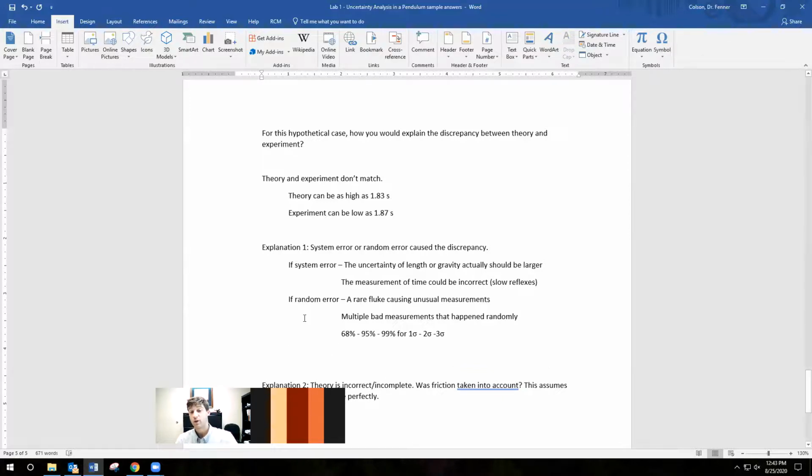So basically, it could be a random error, but you should be able to evaluate probabilistically how possible it could be due to random error.